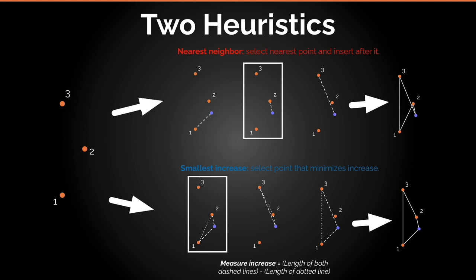For smallest increase, don't all 3 triangles result in the same end result? No, for smallest increase, not all 3 triangles result in the same amount of increase. As you can see here, if you made the calculation, you'd find that this one has a clear smallest increase compared to all of the other ones. So this question is asking a very good thing. What we're comparing is not whether the increase between this and this is larger.